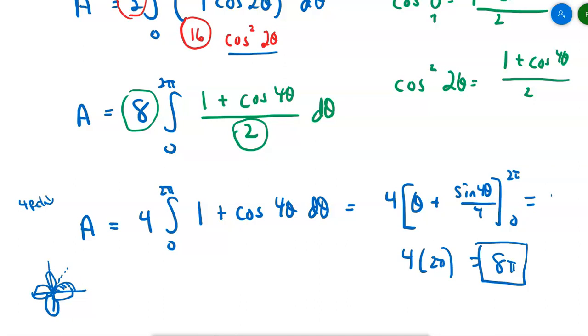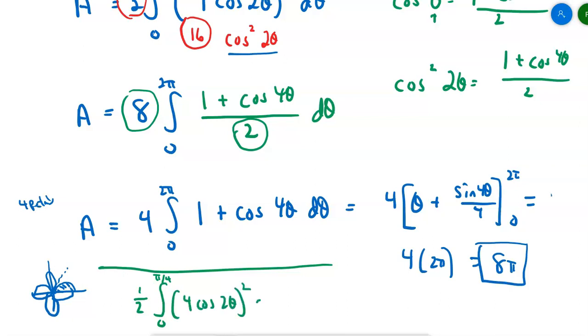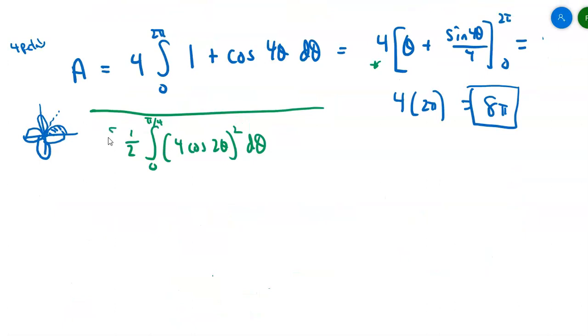So I could, right, here's another option. I could have integrated 1/2 the integral from 0 to pi over 4 of 4 cosine 2 theta squared, and then multiply it by 8. So I'm going to sort of steal the answer that I have up here, the 4 times theta plus sine 4 theta over 4.